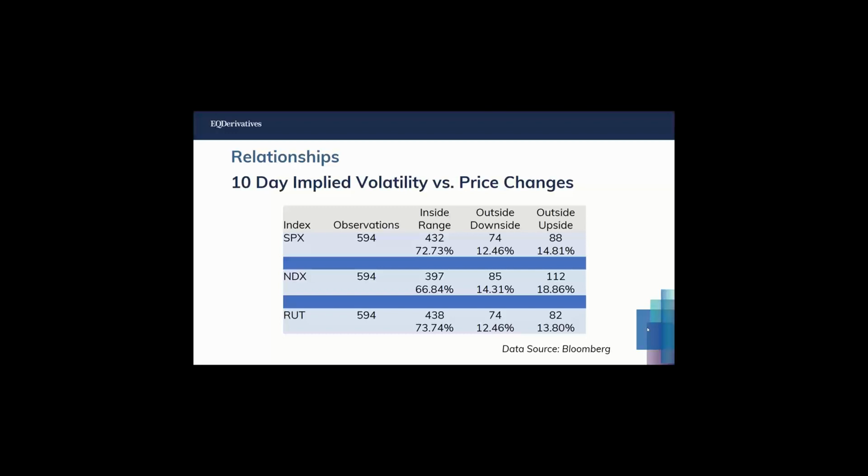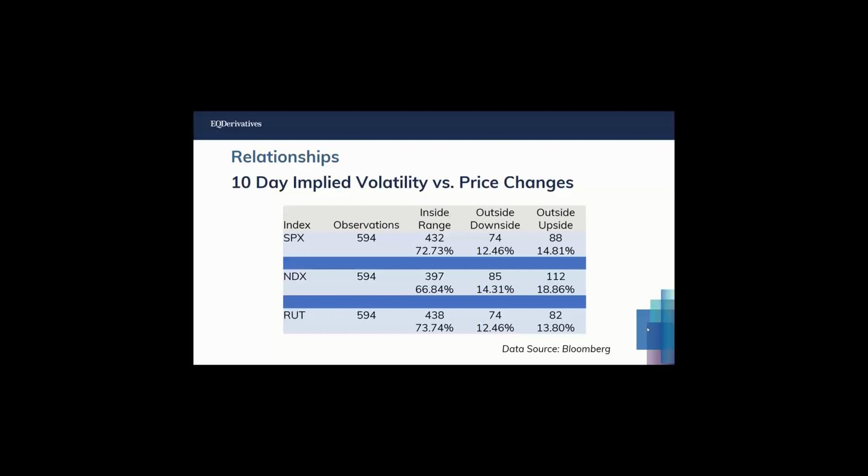But because the outlier moves can be bigger losses than the gains that you can make falling within the range, you actually expect the underlying market to fall within a one standard deviation predicted range a little more than 70%, in the 70 to 75% range.